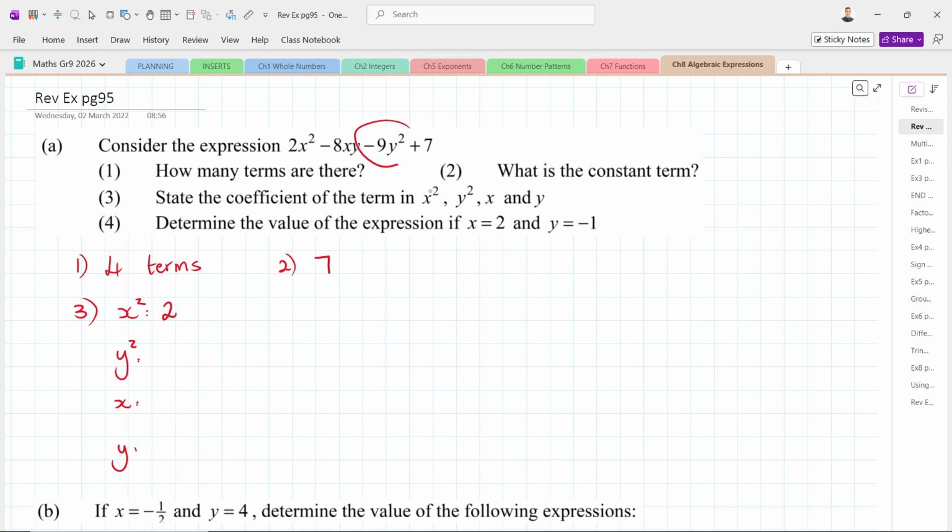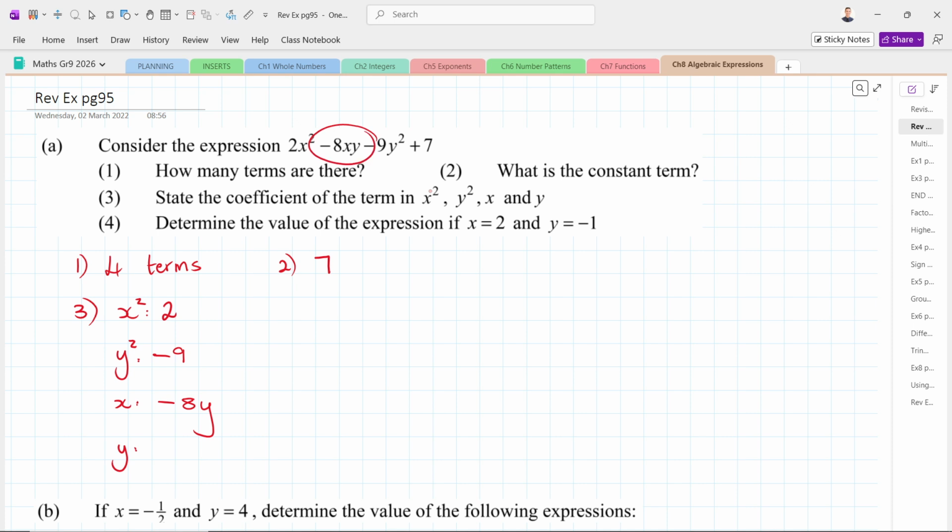We can do the same with the y squared term. There is my y squared term. I'm going to get rid of the y squared. That leaves me with a negative 9. That will be my coefficient there. The x term is over here. If I get rid of the x, negative 8 and y are still coefficients. So that would be negative 8y.